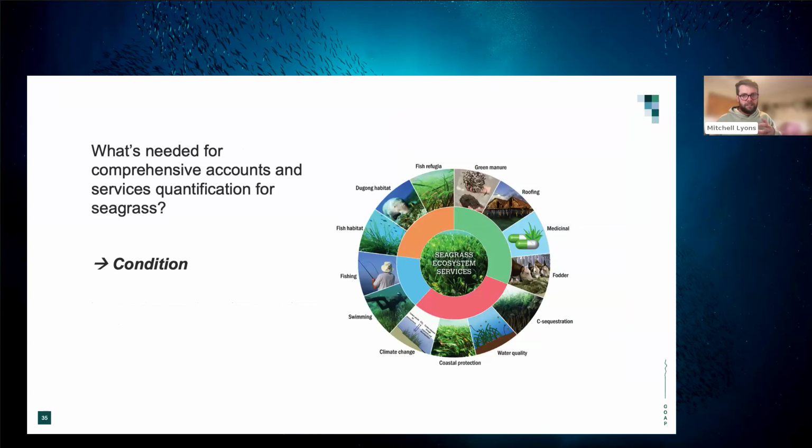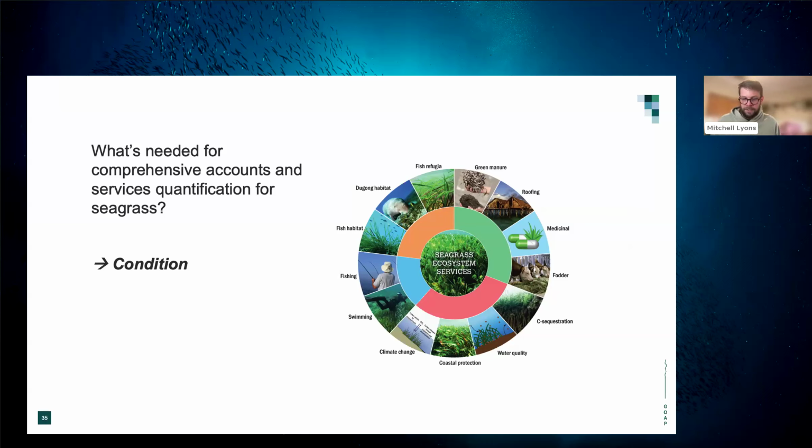So that's all been fairly focused on extent so far. And really, the frontier of seagrass mapping is where to go next in terms of what you need for quantifying ecosystem services, if we're going to that next stage of compiling ocean accounts particularly.